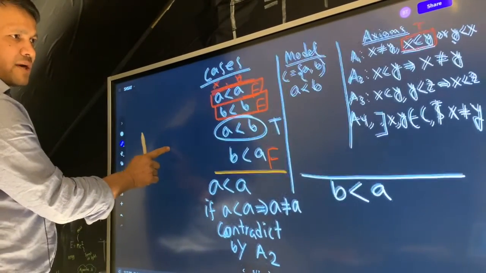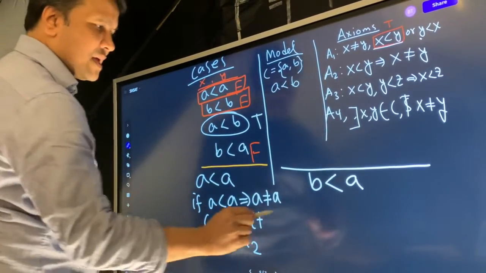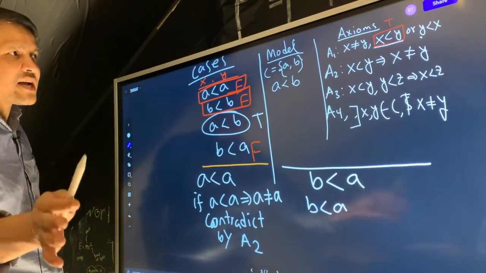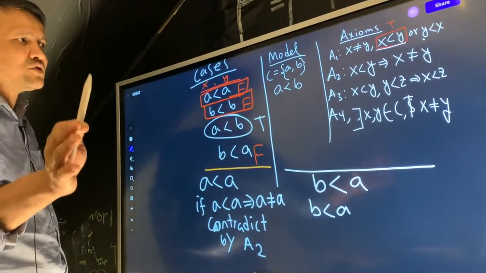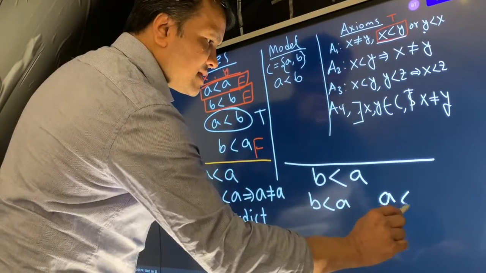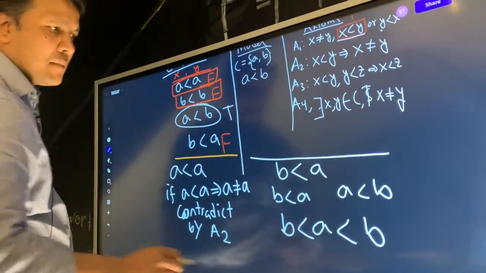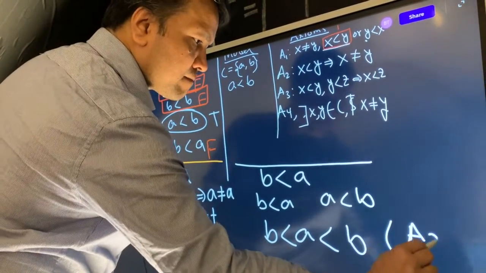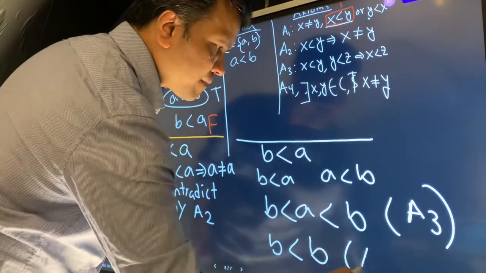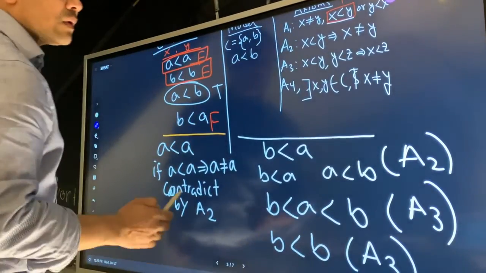So let's see what axiom we can use. Axiom 3 looks good. If b is less than a, and we also know by axiom 1 and axiom 2 that a is less than b, then a is less than b is less than a is less than b by axiom 3, and then b is less than b, by axiom 2 and axiom 1.